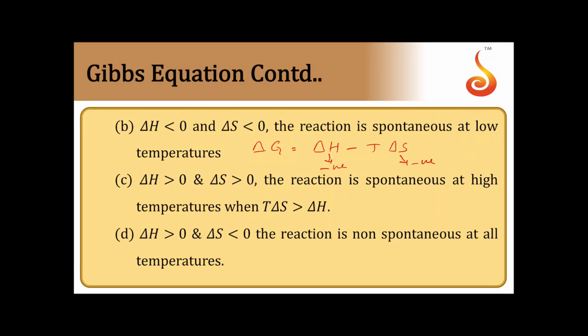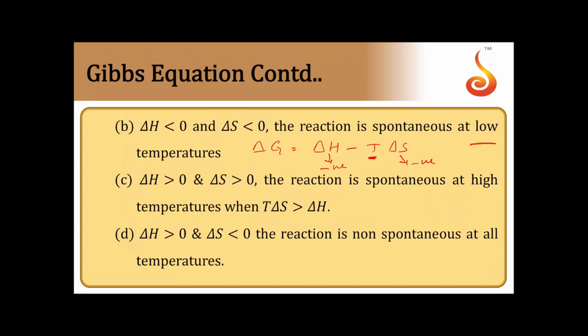If both are negative, T delta S becomes a positive value. Therefore, T delta S must be small, which implies the temperature must be small. If the temperature is very low, then delta G will become negative, meaning delta H outweighs T delta S if T is very small. That is going to be spontaneous.